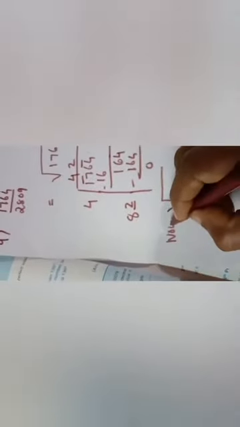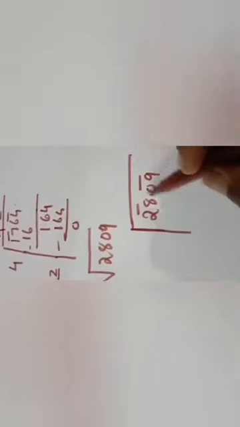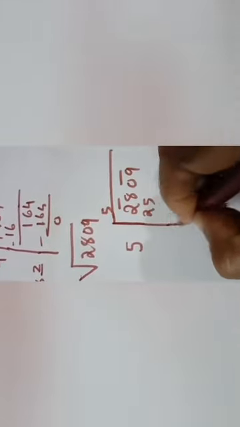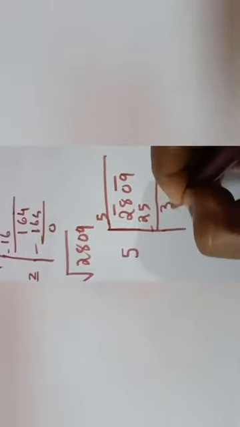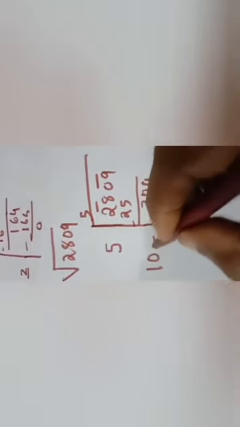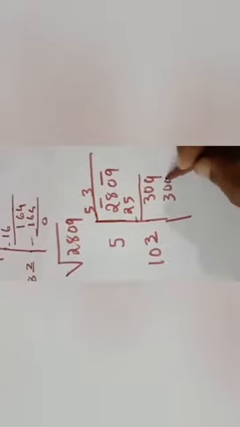Now the square root of 2809. Which is the perfect square just before 28? Yes, 25. 5 fives are 25. Now subtract, 3. Now bring down the next pair, 09, giving 309. Now double of 5 is 10. Here we need one number, which is 3, because 103 into 3 is 309.